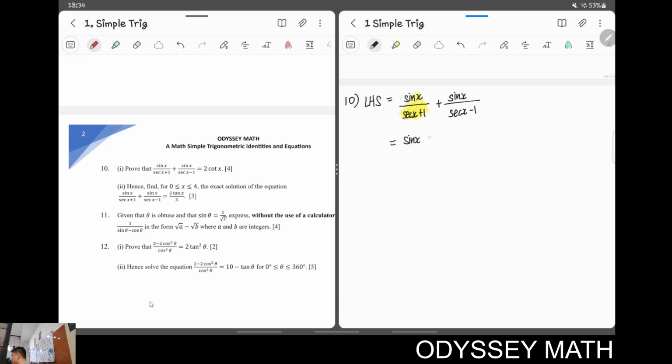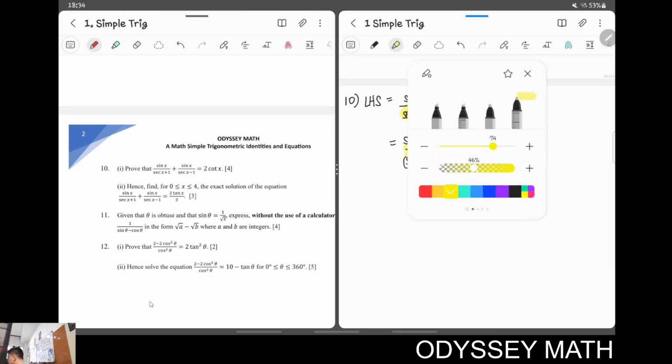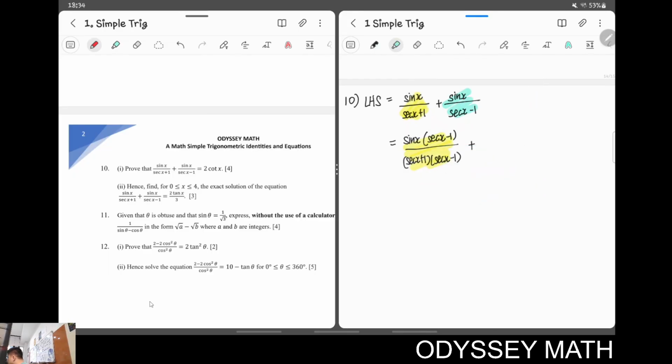For the first fraction, we will multiply the top and bottom by secant x minus 1. For the second fraction, we will multiply the top and bottom by secant x plus 1.